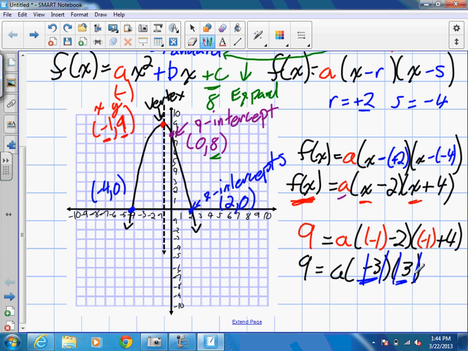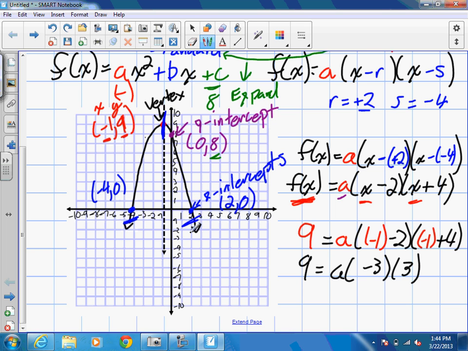In other words, it's the same distance from one x-intercept to the middle as it is from the other x-intercept to the middle. Okay? So in other words, the vertex is directly between what two values? Your two x-intercepts.